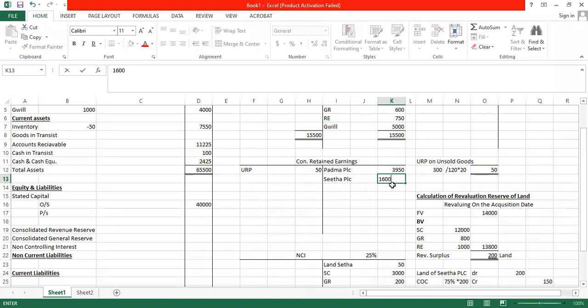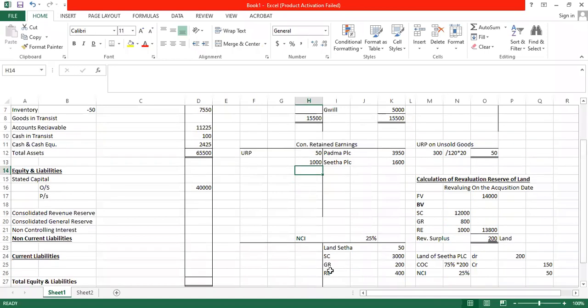Its given value is retained earnings 1,600. From that 1,600, we already take our pre-acquired reserves, the retained earnings balance at the acquisition date. It's given under your second information, retained earnings, there was 1,000. So that 1,000 we already taken into our cost of control here, retained earnings. 750 goes to cost of control credit and the non-controlling interest part.